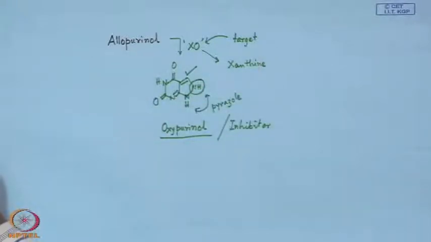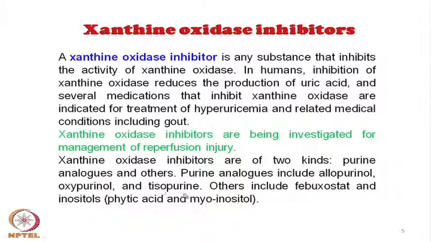So, the second category is oxypurinol, then thiopurine is also another purine based molecule which can function as a very good inhibitor. So, these are the inhibitors which can work on xanthine oxidase. Then the drug market is very huge, and other molecules are also being tested, and their potency is also utilized, but they can be non-purine type of molecules.